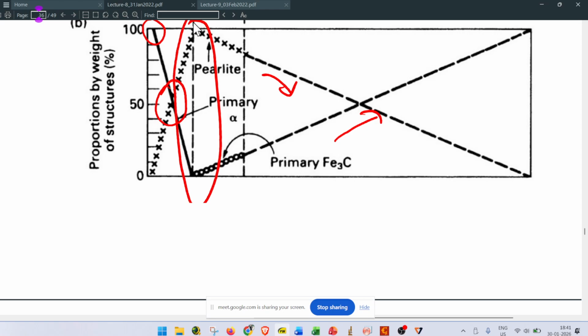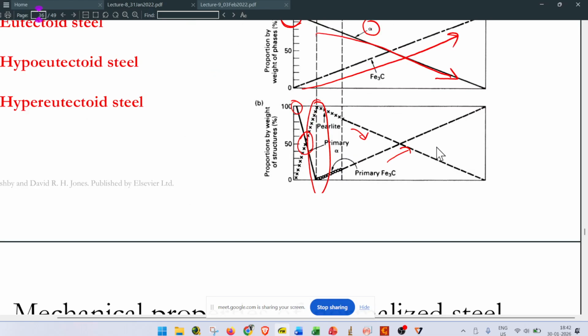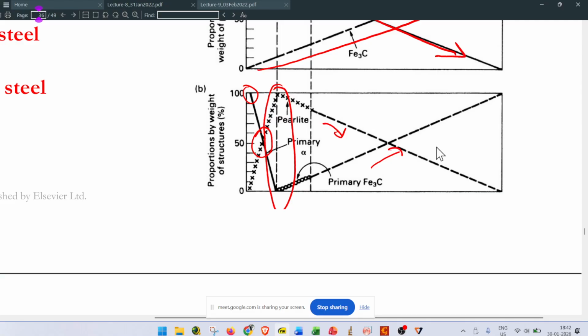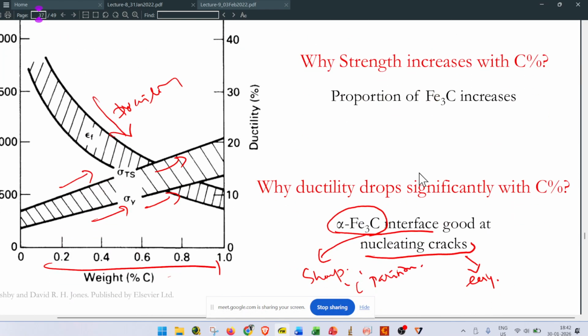So with increasing carbon content, the pearlitic percentage starts reducing. Here we cross into the cast iron region, above 2 percentage and up to 6.67 percentage. Fe3C is mostly a hard and brittle phase, so once the carbon percentage in cast iron increases, the cast iron becomes more brittle.